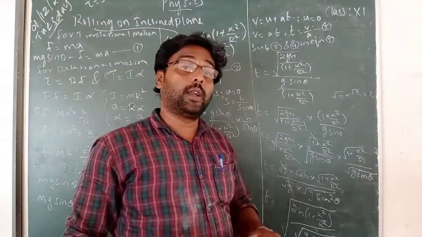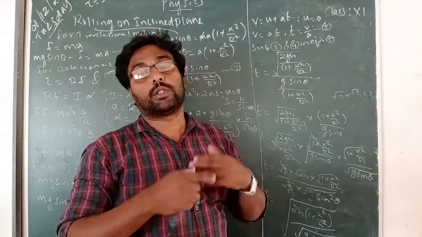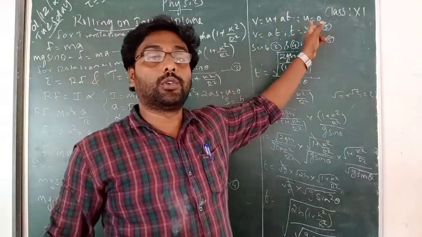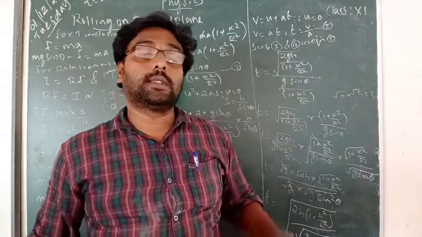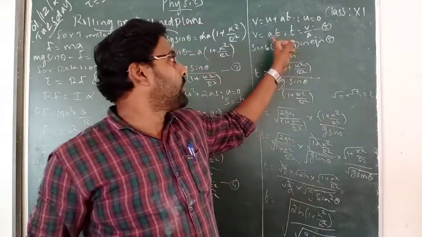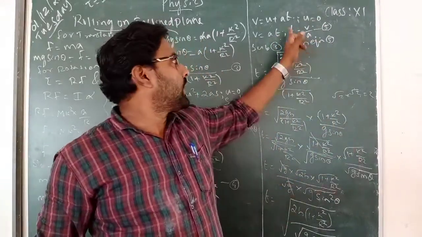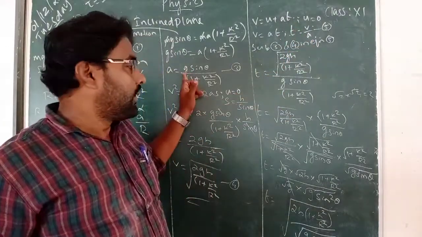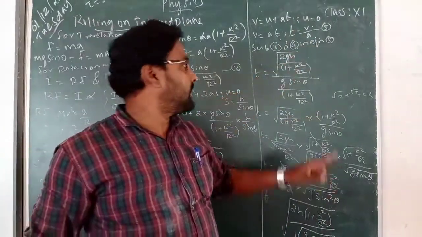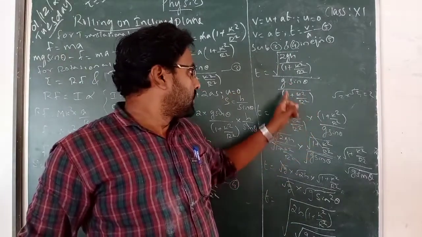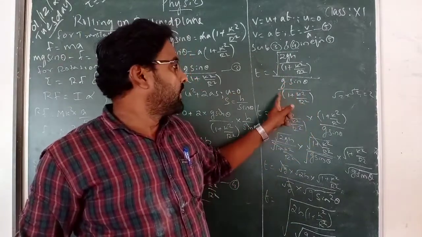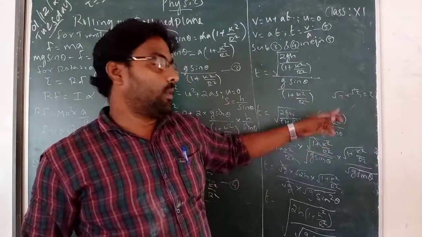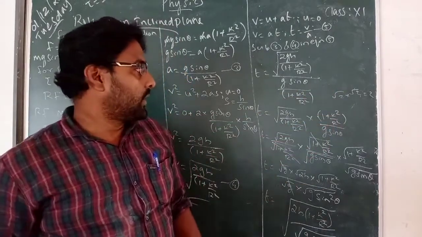Now we have to find out the time taken for this object to roll down. So we can use the formula v is equal to u plus at, and here also the initial velocity u is equal to 0. So time taken t is equal to v by a. Substitute this v value and a value in this equation. Now take this upside down, so the denominator will come up and the numerator will come down.